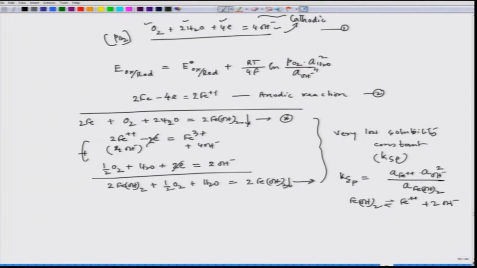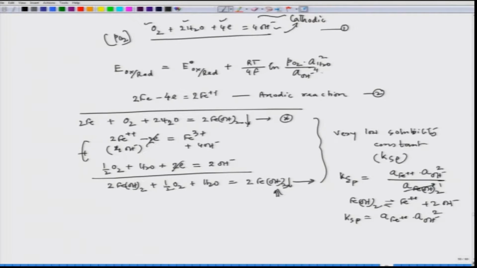Now, this is 1. So, Ksp equals the activity of Fe2+ into the activity of OH minus squared. Same thing we can construct for this.